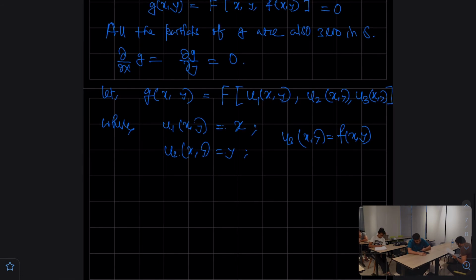Okay. Now what do we find? We take the derivative of dG/dx, that means take the derivative of G with respect to x, and use the chain rule.